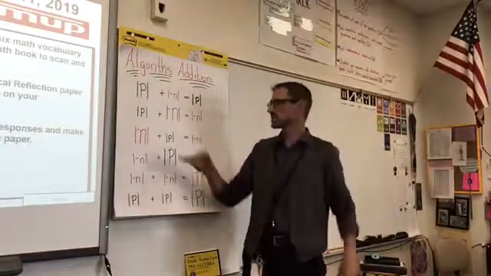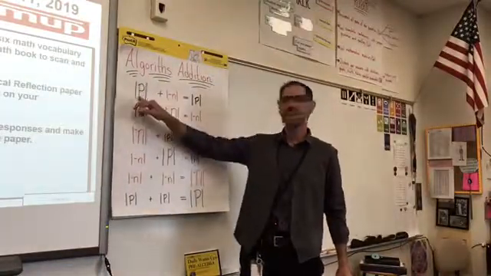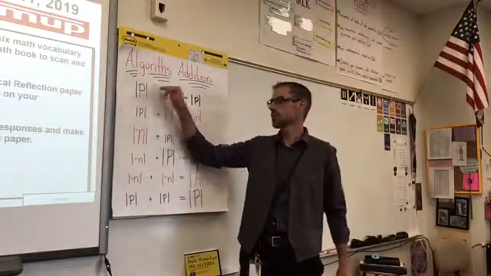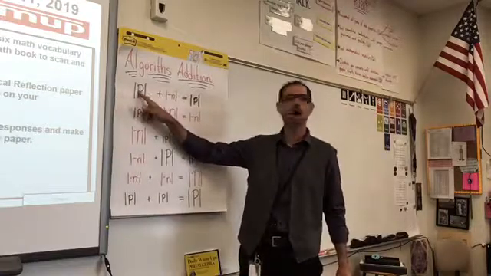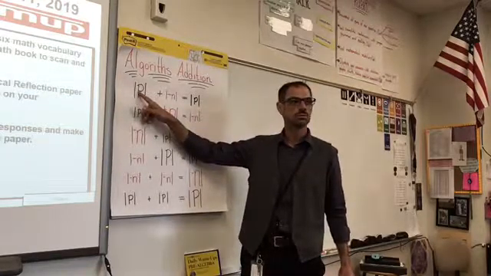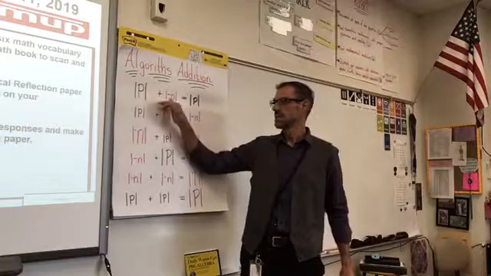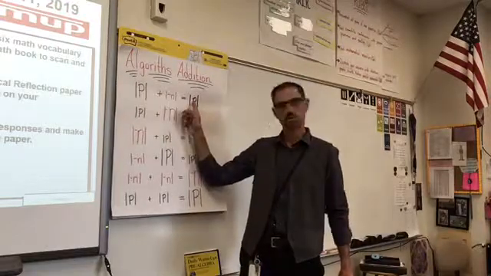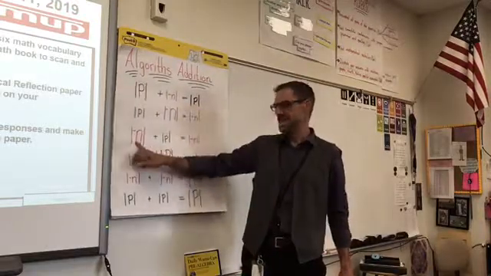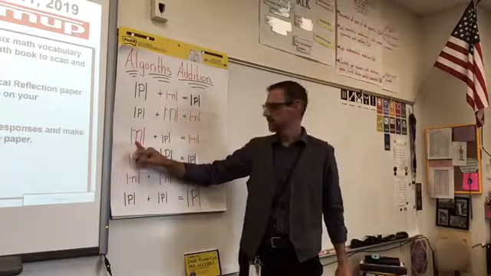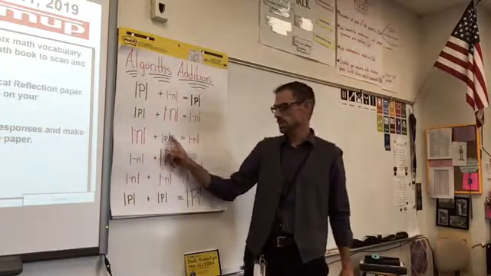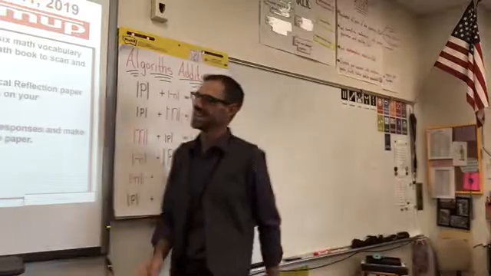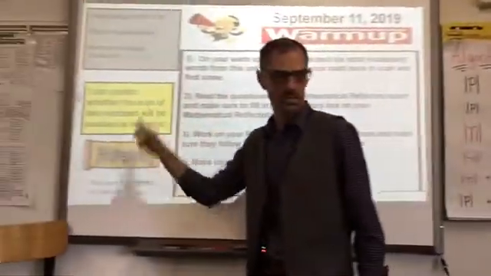Yes, I was listening to Marcus. He was saying, depending on which number, whether it's positive or negative, if the positive is further from zero than the negative, what's my answer? Positive. If the negative is further from zero than the positive, what's my answer? Negative. That's how I can predict.